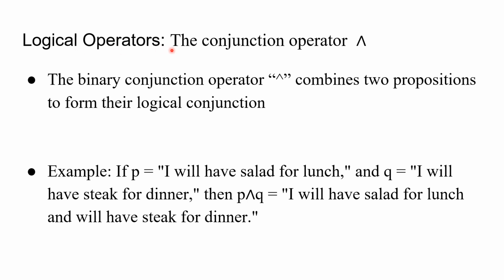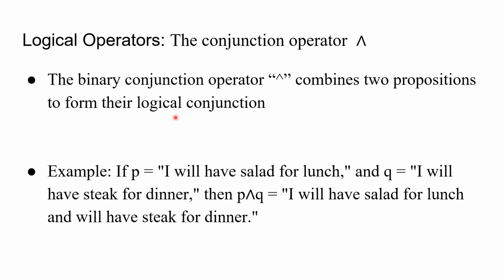The second logical operator is the conjunction. It's also called AND. This operator is a binary operator, so you have to use two propositions.